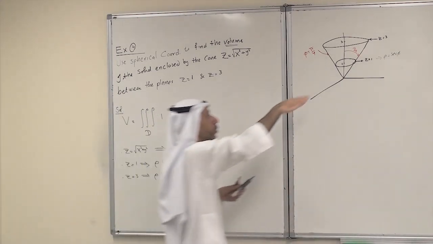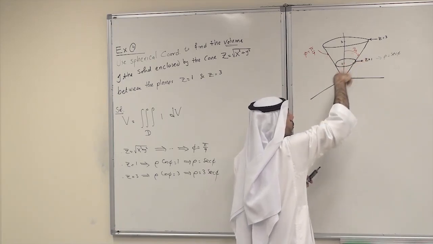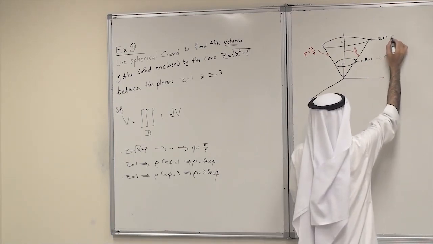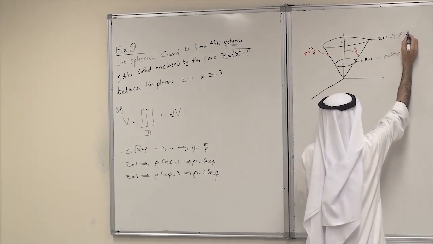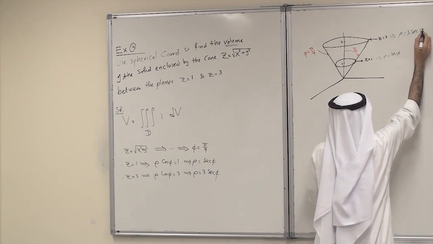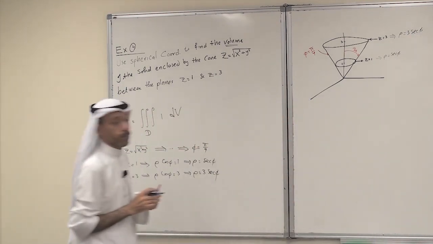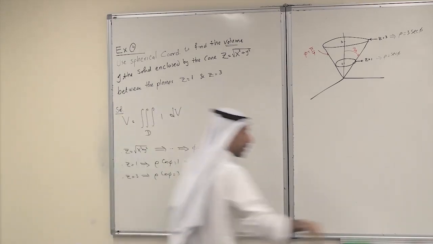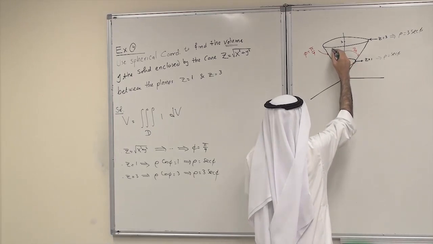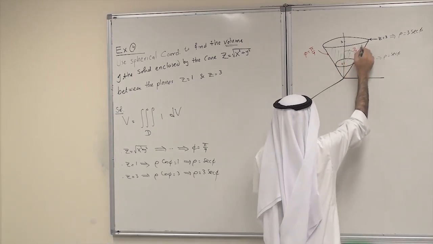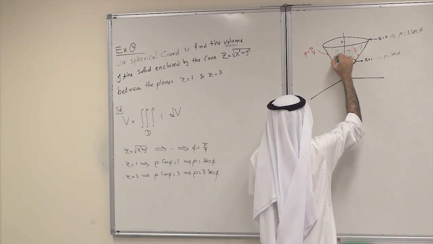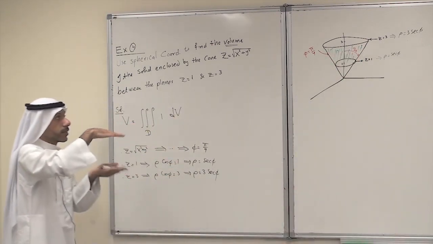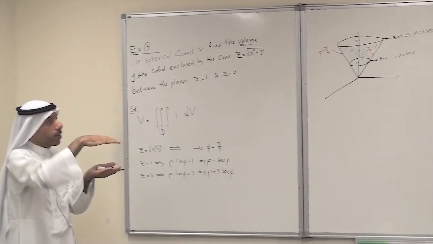When you take the plane z equals 3, the intersection with the cone will be this circle, with equation rho equals 3 secant phi in spherical coordinates. What is the solid? The solid is everything inside the cone, between the two planes. So this is our solid.